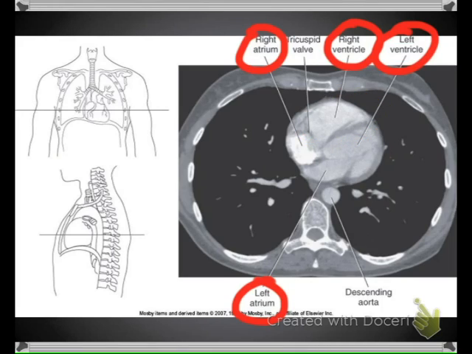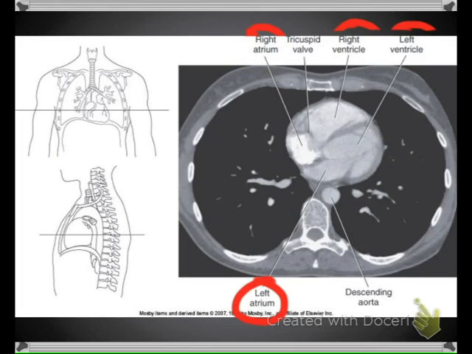However, notice that the left portion of the heart really doesn't have all of this contrast in it. And that's simply because we are injecting, and so the heart is getting a little bit of contrast, but we're still dumping it into the right atrium. And so it's crossing over into the right ventricle. And so we're not seeing a great amount or a great flush of contrast here. That's just a side note.